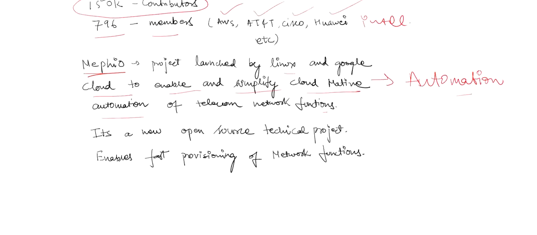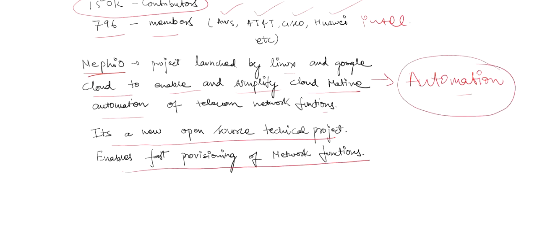It deals mostly with automation. It's a new open source technical project that enables fast provisioning of network functions. Through the development of automation, network functions can be provisioned faster in the cloud system.